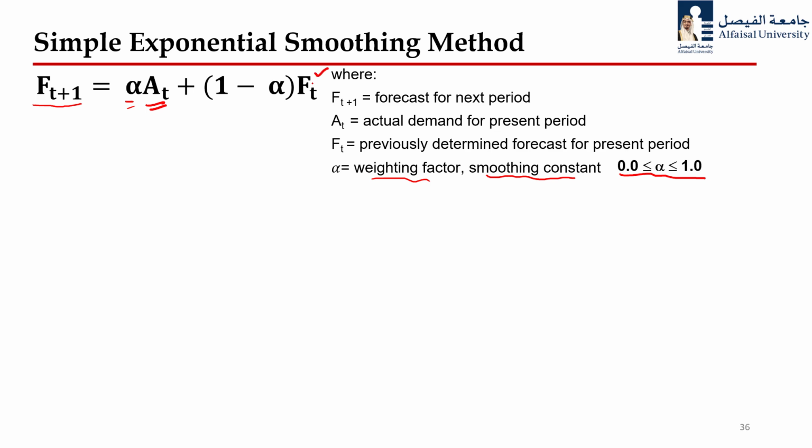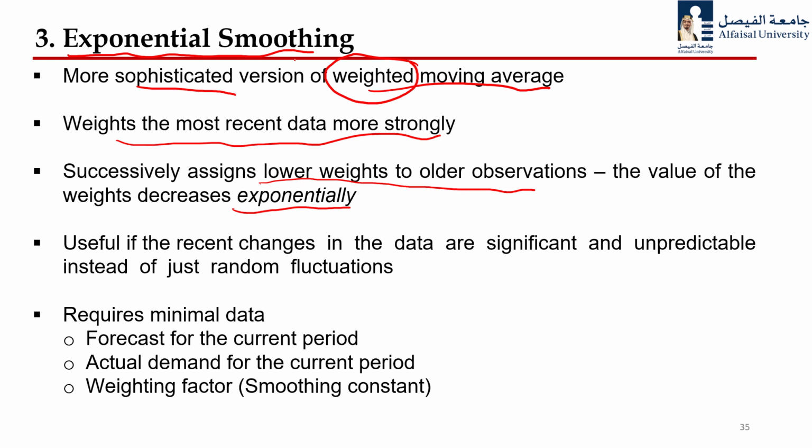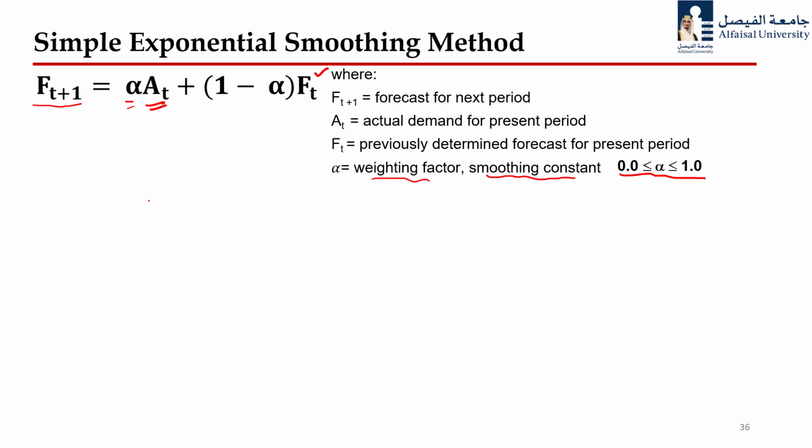We were saying that it assigns a lower weight to the older observations. What does that mean? If I expand this formula, F(t+1) is alpha A_t plus (1 minus alpha) F_t.